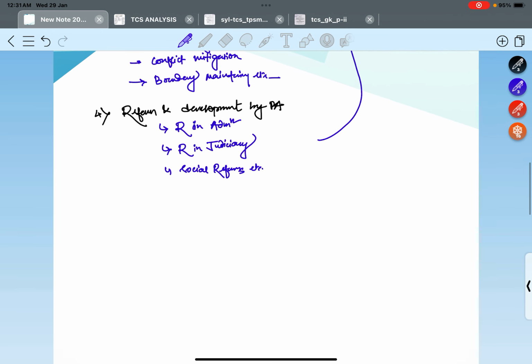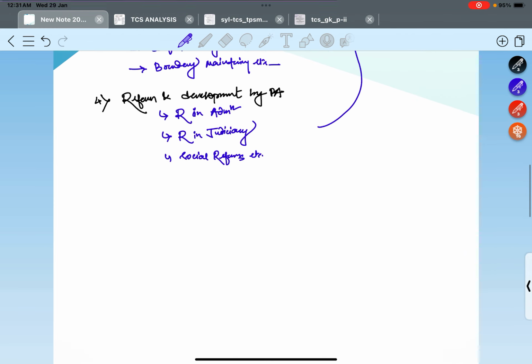So this is for Tripura history. Next we will go for section C.